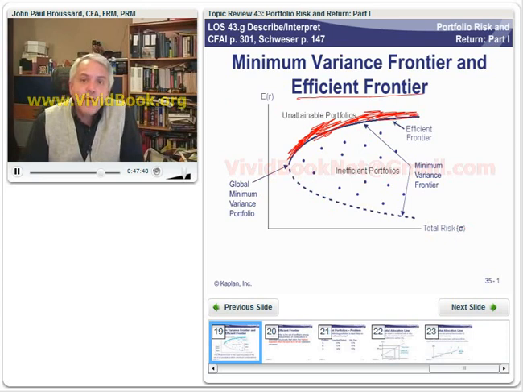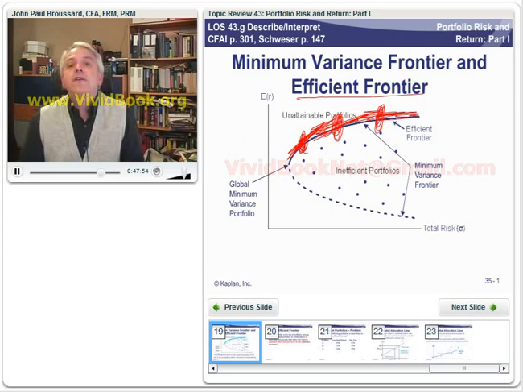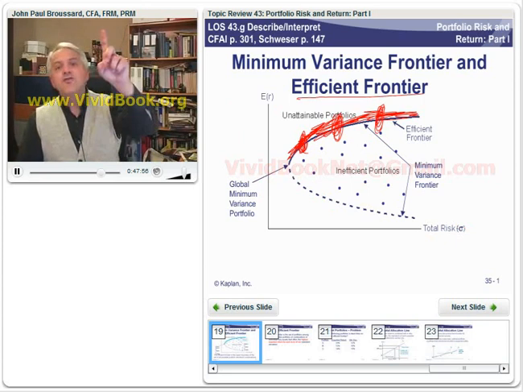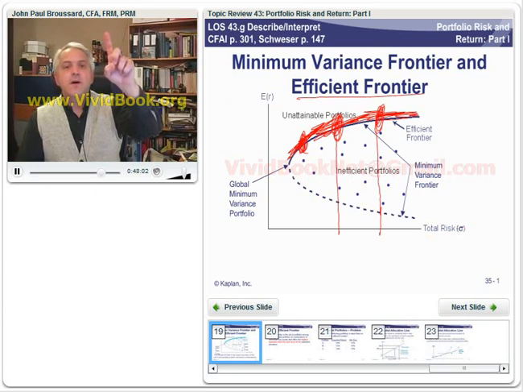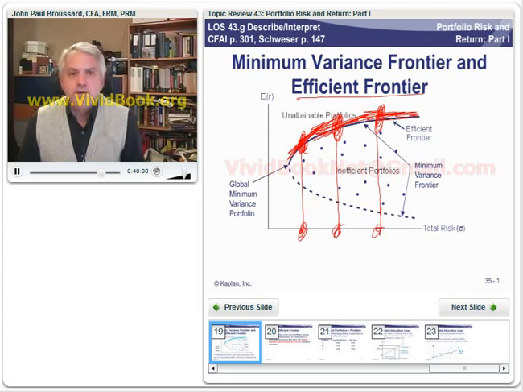All of the portfolios on the efficient frontier are efficient in that they generate the highest return of all portfolios at their designated levels of risk.